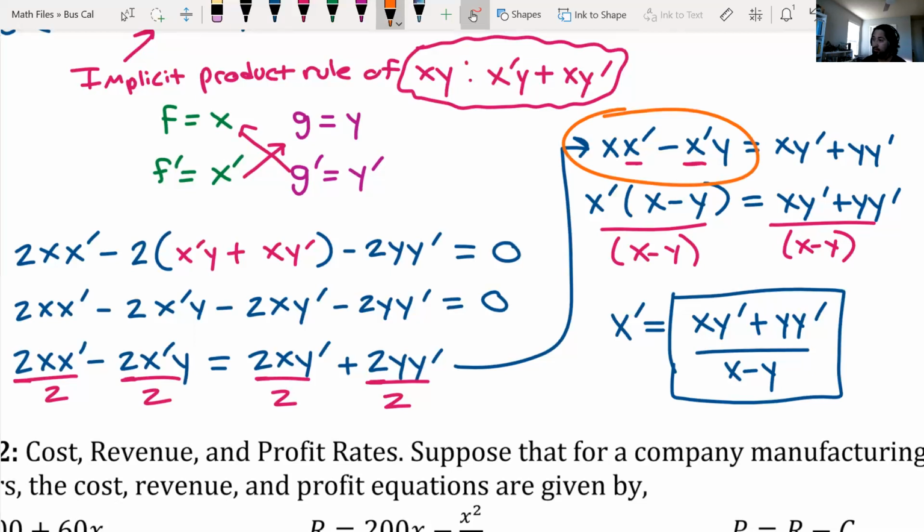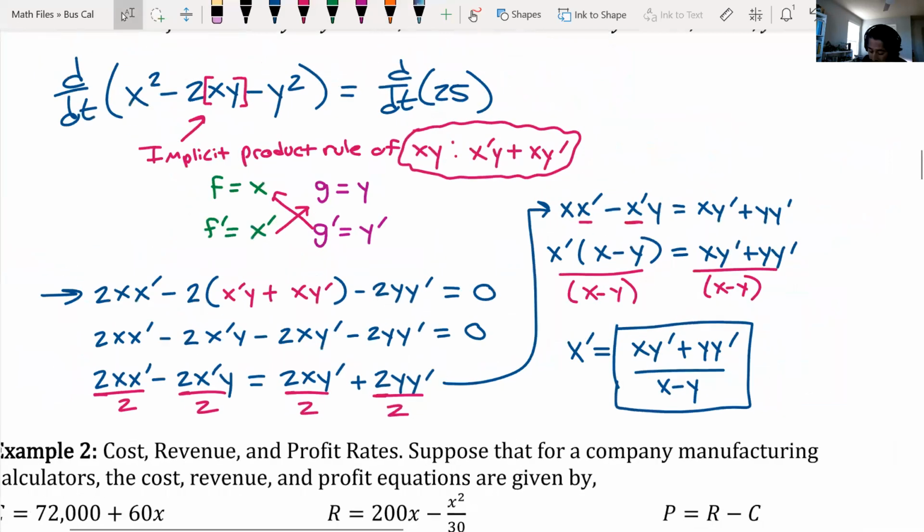So you're just factoring out and then you divide by it to get rid of the parentheses? Exactly, because now you need to isolate x prime. So you divide by x minus y, move it to the right side, and all we get is this lonely x prime on the left. Yes, I know it's a lot of letters and primes to look at.